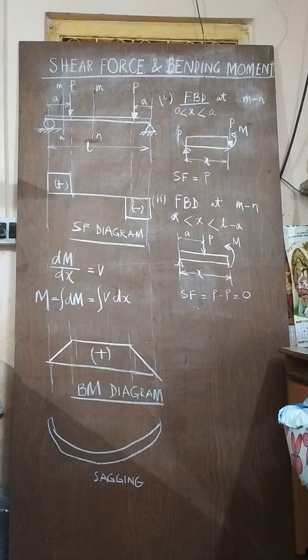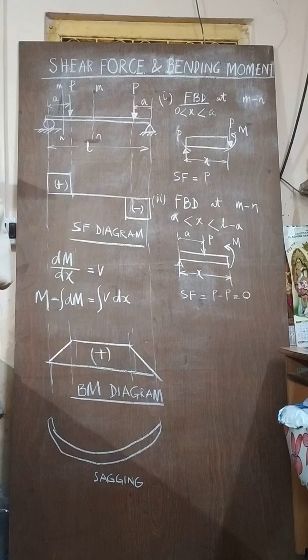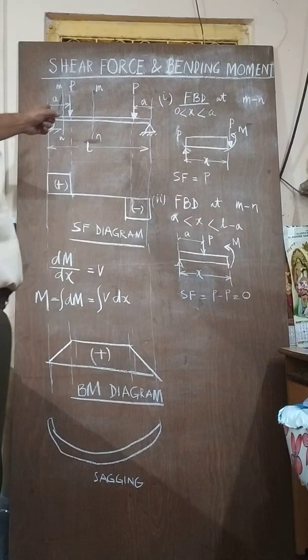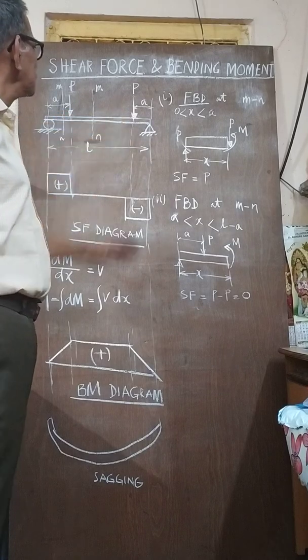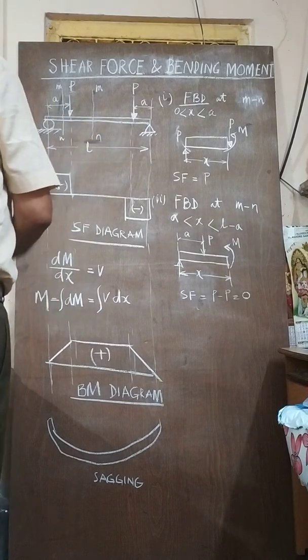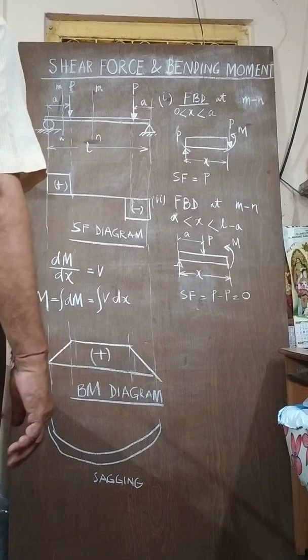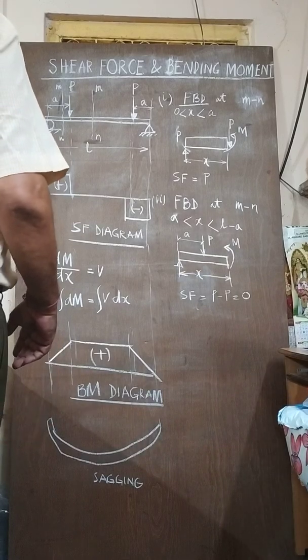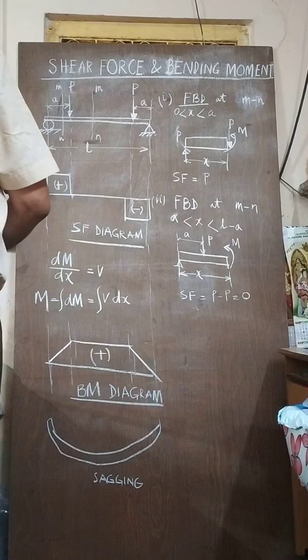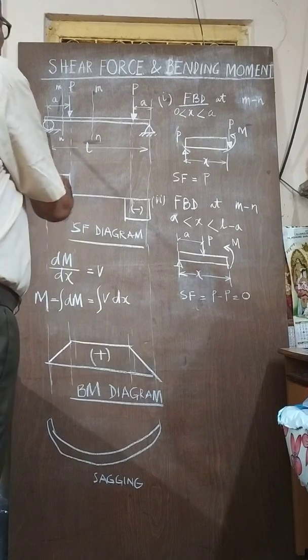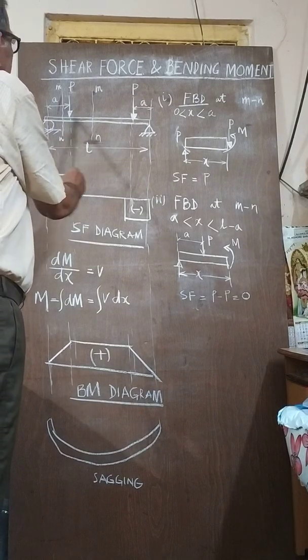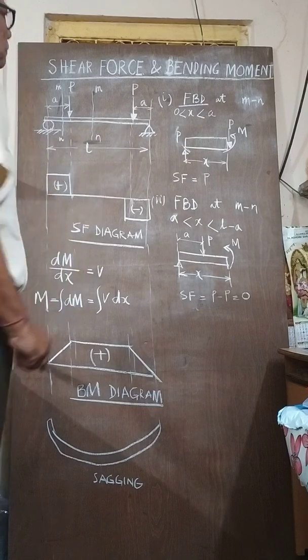In order to find the shear force, we have to make three distinct parts. Since the transverse loading is here and here, we have three segments in fact. This is one segment, this is another segment, and this is the last segment.